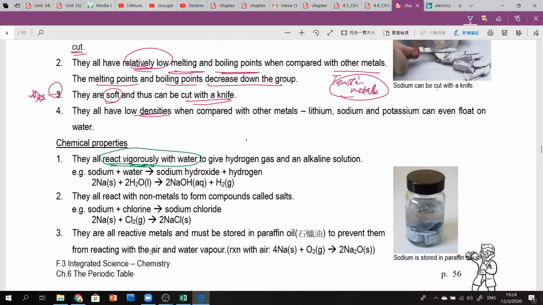Why do we get an explosion? It's because it is very hot. We call that an exothermic reaction, 放熱. Exothermic is a type of reaction where a large amount of heat is given out.